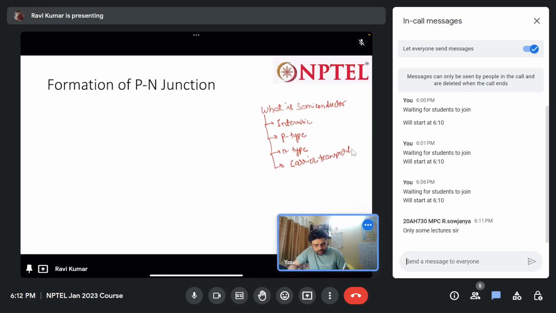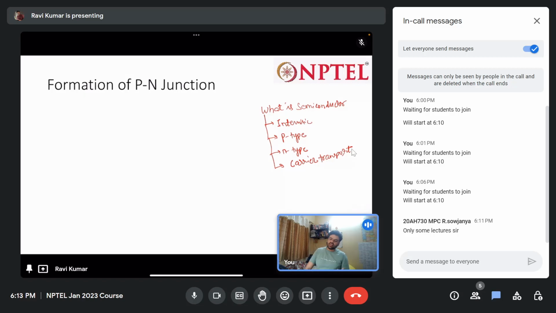Now we have seen p-type and n-type semiconductors one by one. Today we are going to see the PN junction. What is it, how is it formed, we will understand in this lecture.